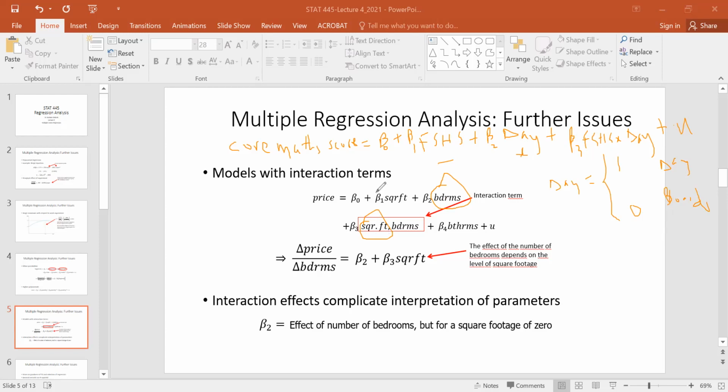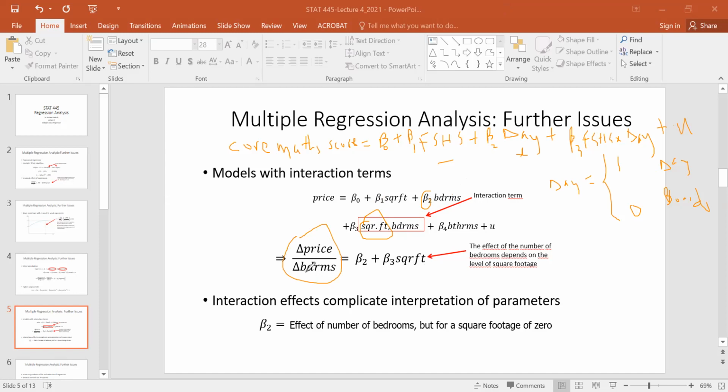Now, I'm interested in beta 2. Beta 2 here is not the impact of bedrooms on price. For the impact of bedrooms on price, you must differentiate the price with respect to the bedroom, then you get beta 2 plus beta 3 times square feet.